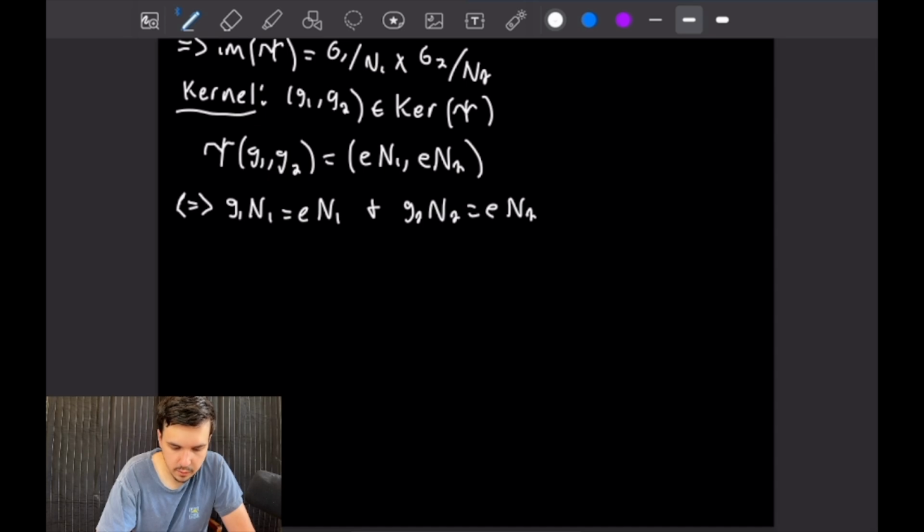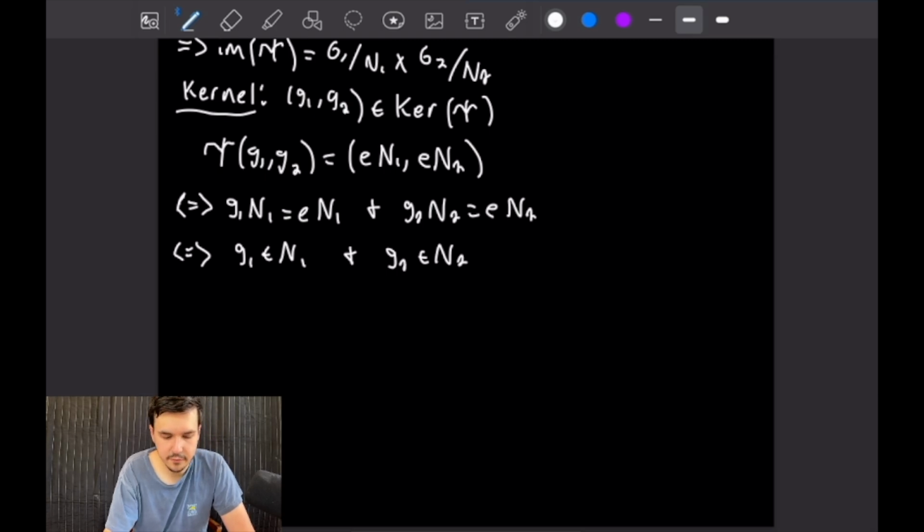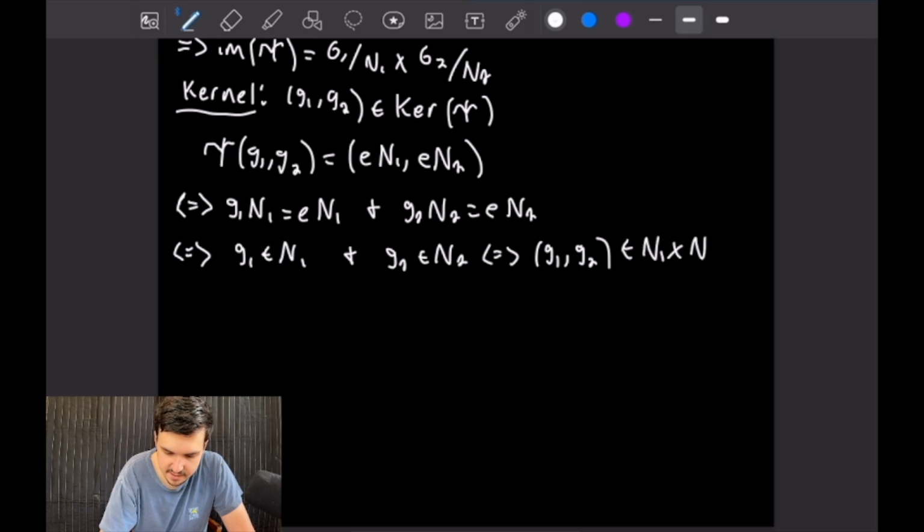But this is true if and only if g1 is in N1, and g2 is in N2. Great, but what does it mean for g1 to be in N1 and g2 to be in N2? Well, that's true if and only if the ordered pair g1, g2 is in N1 cross N2. So here we have the kernel is N1 cross N2, and we have that the image is the entire set.